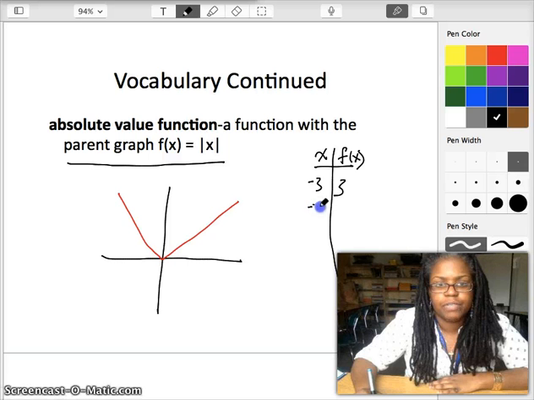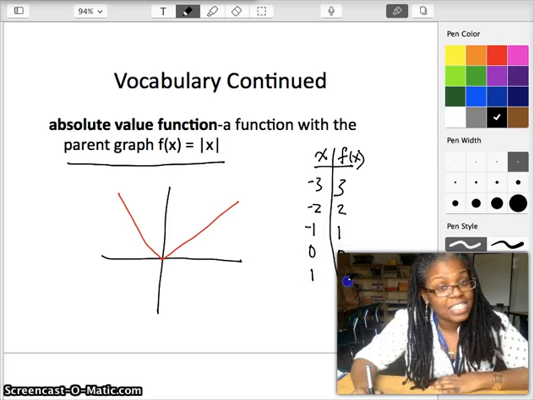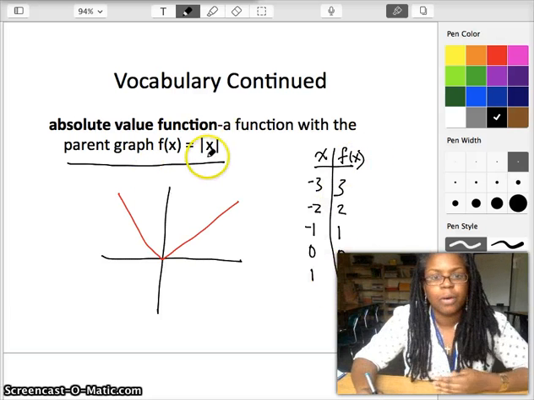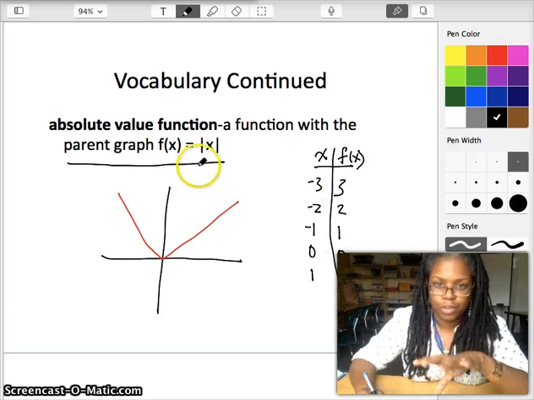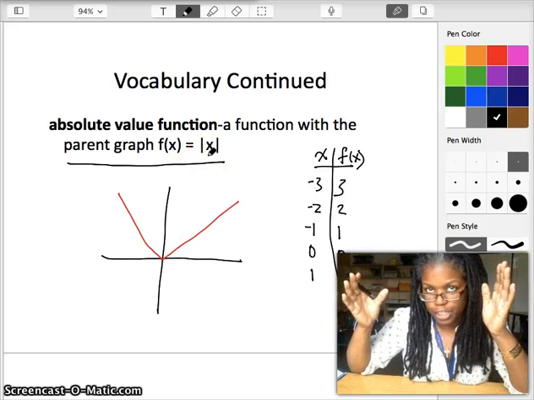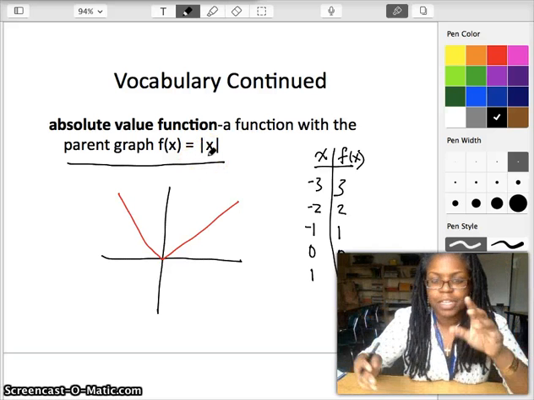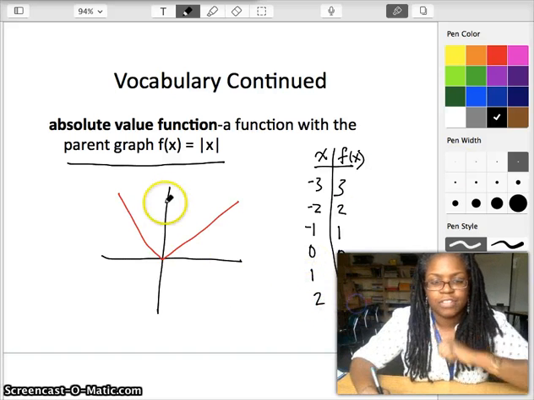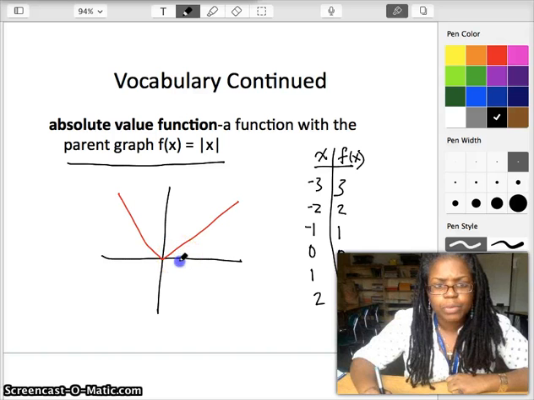If x is equal to -2, the absolute value of -2 is 2. How about -1? You got it. 0, yep. 1, +1. Notice f of x in this case can never be negative, because the answer to an expression that has absolute value around it could never be negative. So I can keep going on like this for the rest of my life. But I won't. I will spare you.